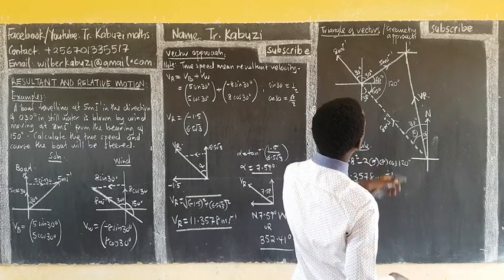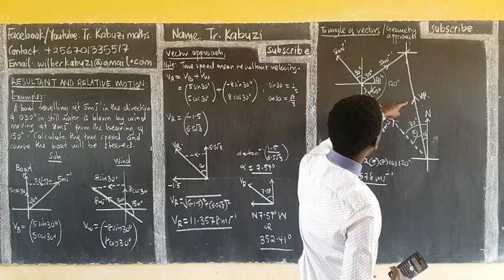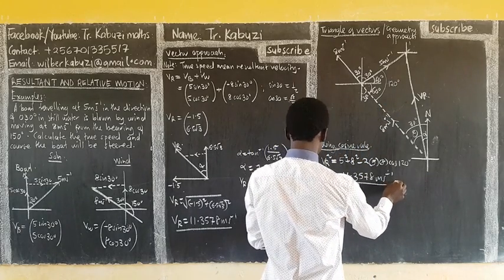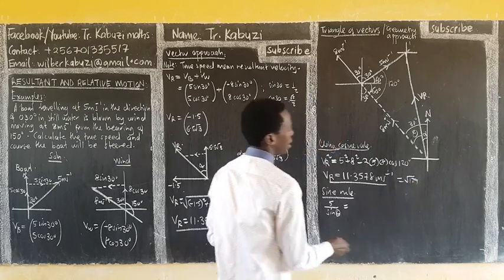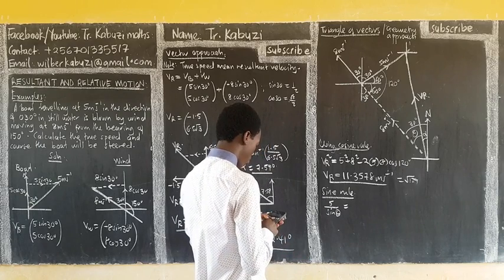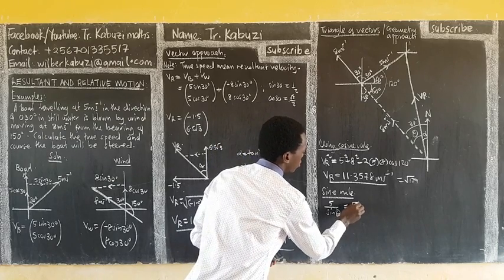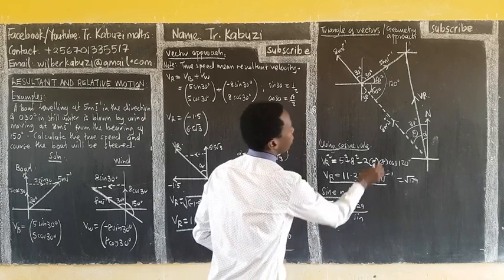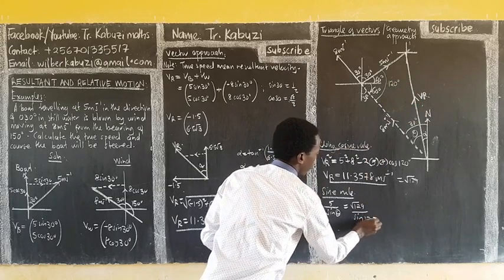Now what do I have? Let me use VR. We have got VR as the root of 129, over sine of the angle opposite to this, which is 120.